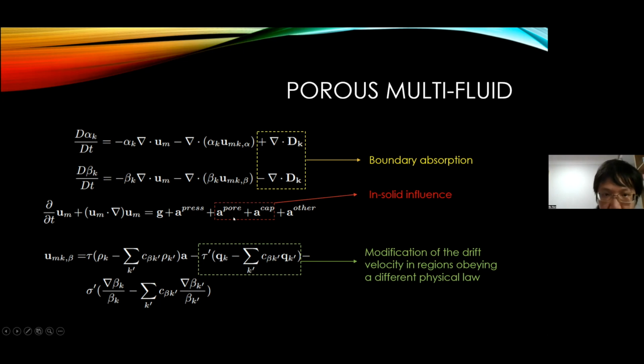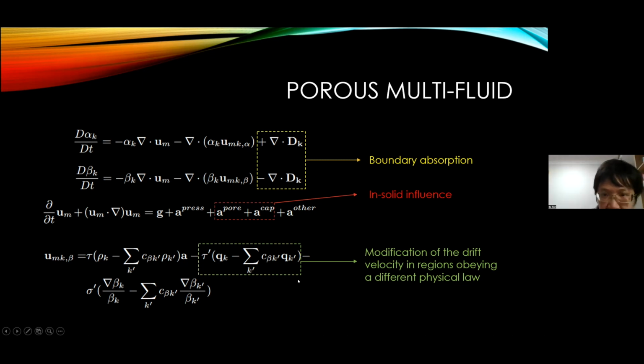The third one is the pore pressure term, which corresponds to the pore pressure due to Darcy's law in the inner region. The fourth term is capillary acceleration in the inner region, and the final term is all other external forces. So the right hand side of this momentum equation is just adding all the effects together to influence the particle's mass center motion.